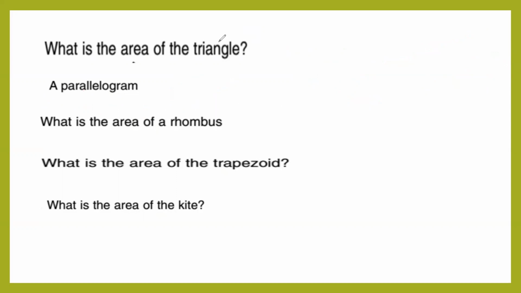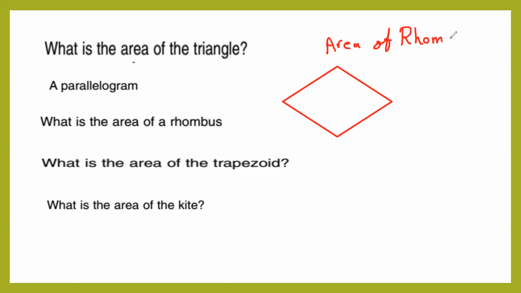What is the area of the rhombus? The area of the rhombus is half d1 times d2. Now let's know where my diagonals are; d1 and d2 refer to the diagonals.